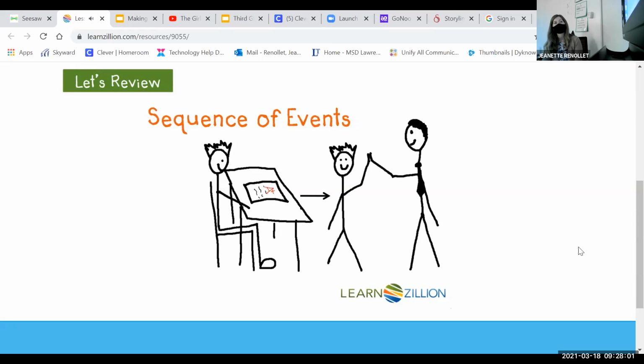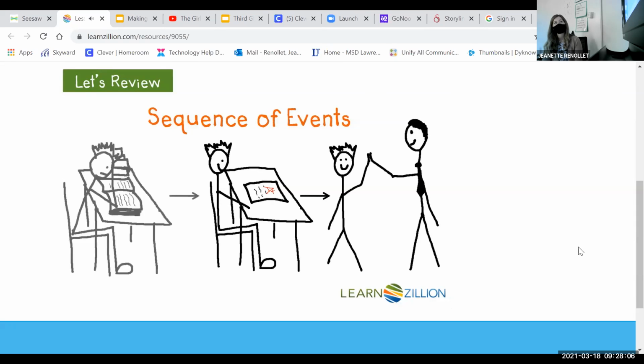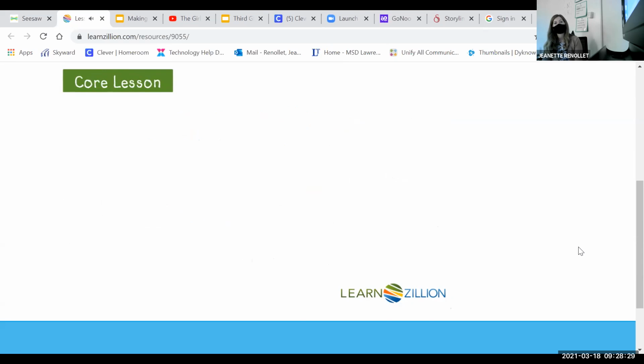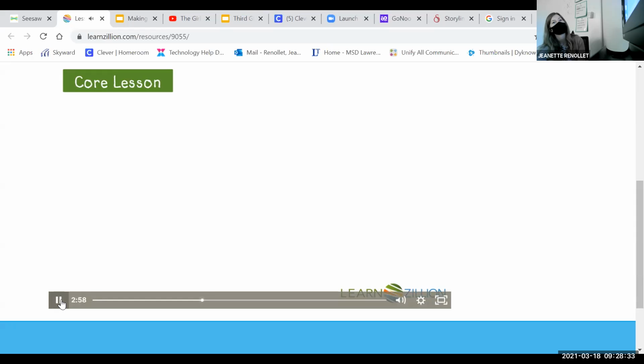The key event is even easier to understand if I know the student is hardworking and spent a long time studying for his test. So, in most stories, the key events are easier to understand and keep track of when we think about them in order, and when we pay attention to the character's traits and motivations. Today, we're going to focus on paying attention to the character's traits and motivations. We will follow 3 steps today to describe how the character's traits and motivations contribute to the sequence of events in the text.